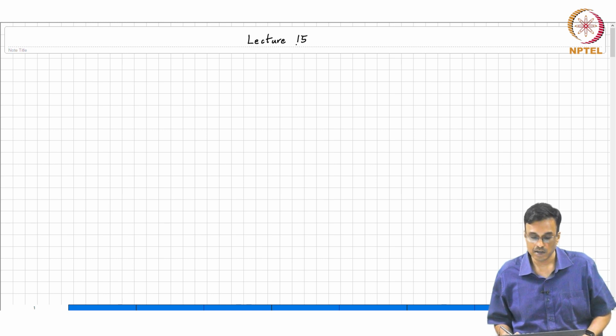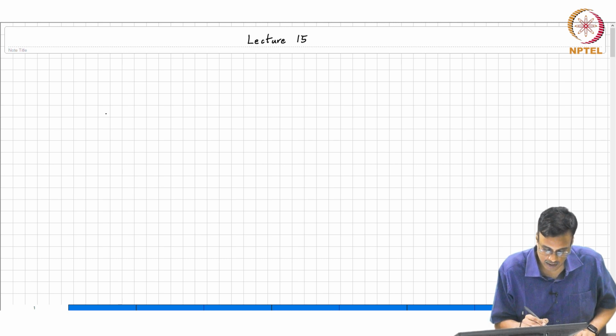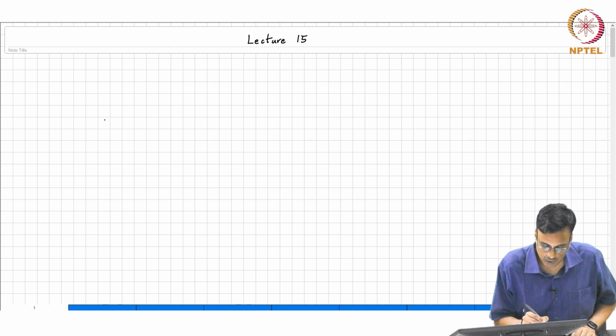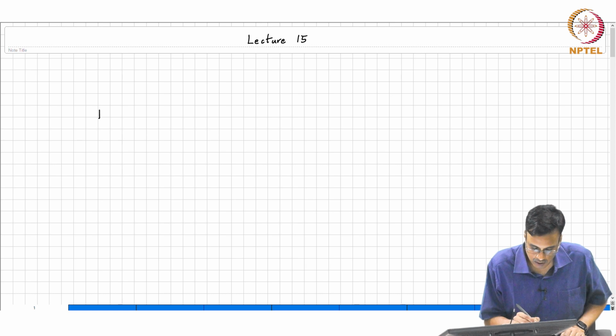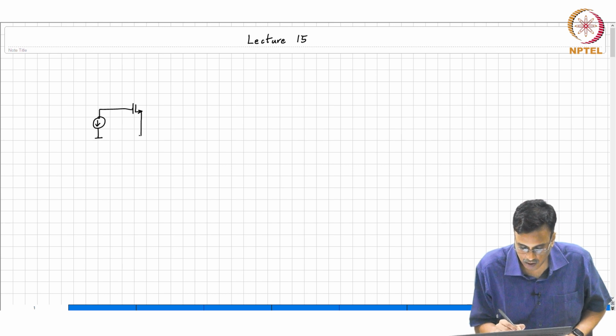This is lecture 15. In the last class we looked at the current controlled voltage source, where the incremental picture looked like this.